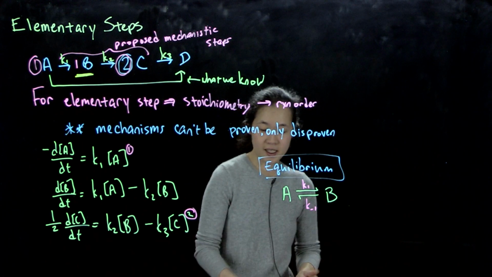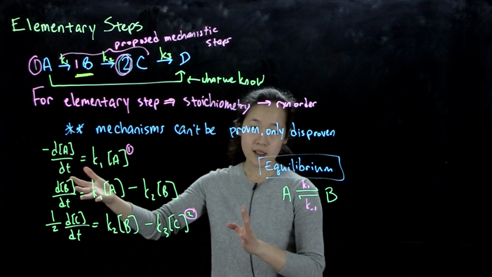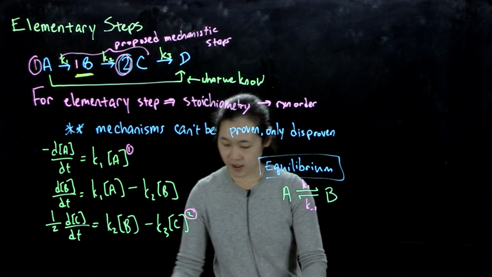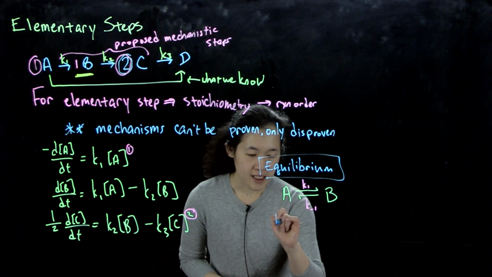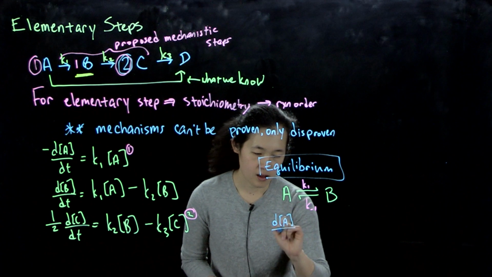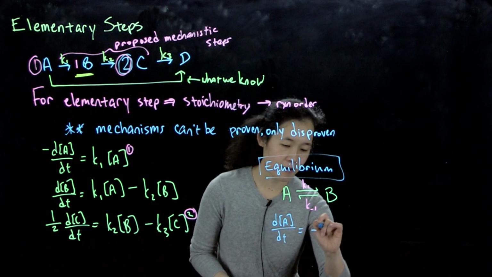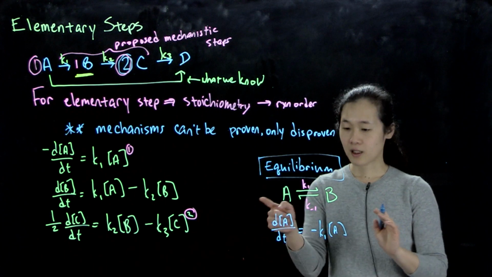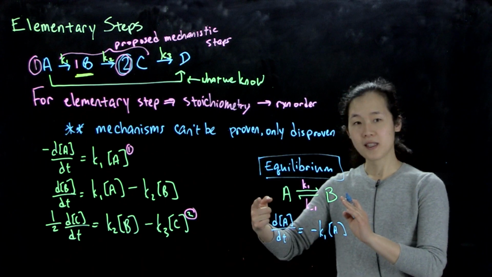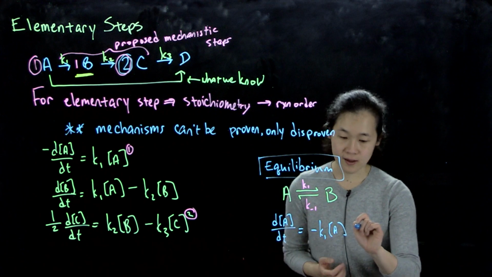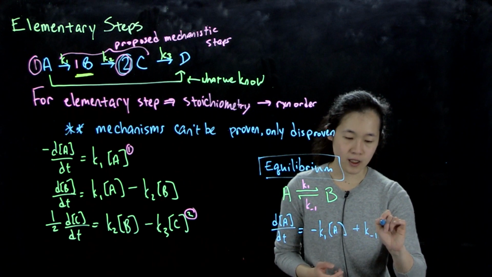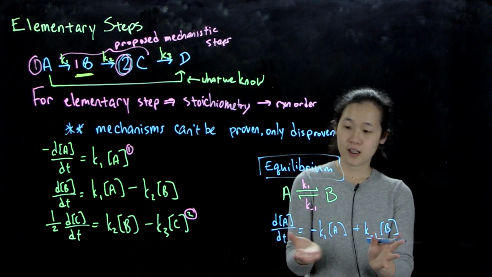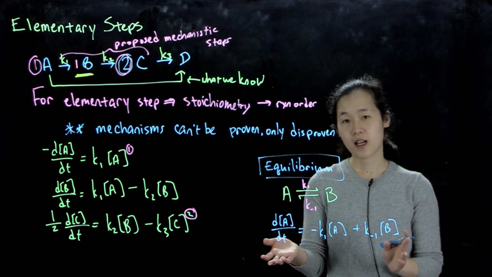Using the same process, we have one forward first order reaction where A goes away. So dA/dt equals minus K1 A, but then B in a first order reaction goes back to A, the formation of A, so plus K minus 1 B. This is the rate expression for A over time.